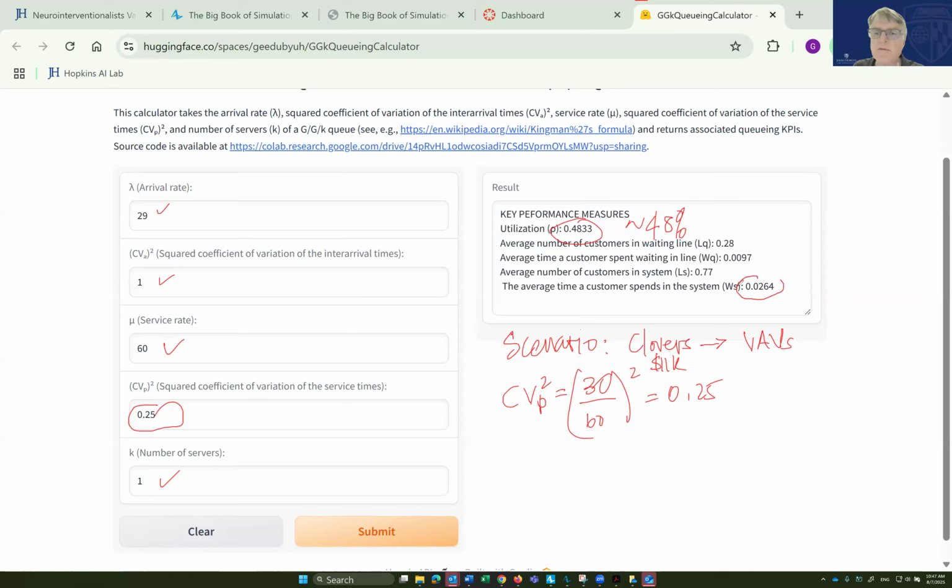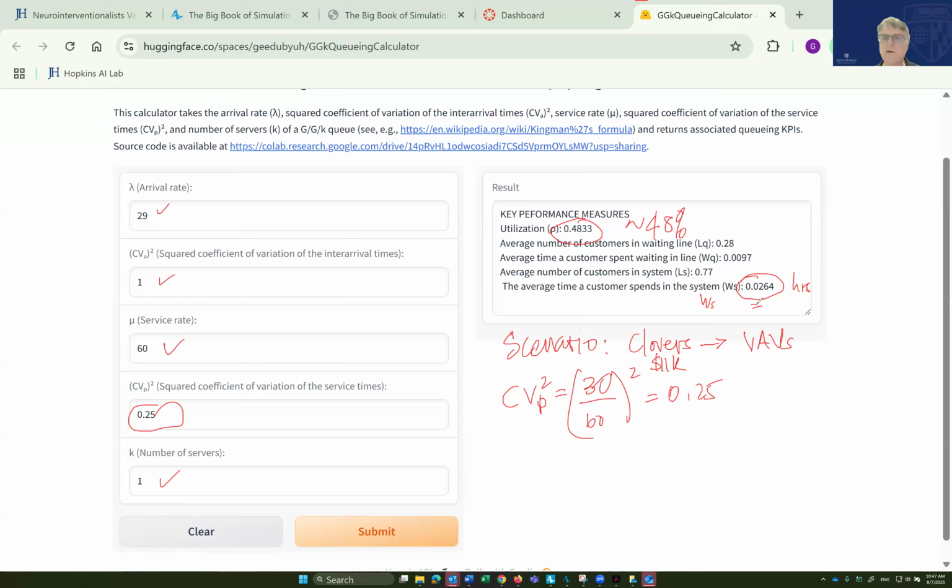And then this W sub S number is again expressed in hours. So let's see if we can get that converted for you. So the variance is increased, right, from 10 seconds to 30 seconds because of the machine switch. But what does this look like on the ground? So 0.0264 times 60.